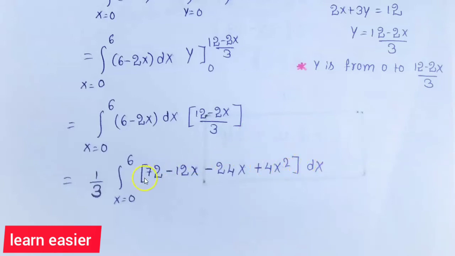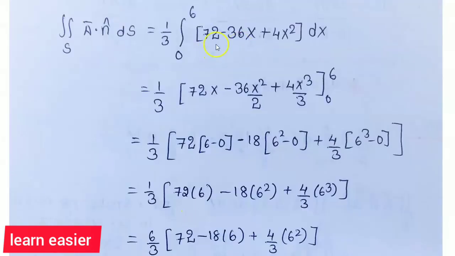So we got the integral from x equal to 0 to 6 of 72 minus 12x minus 24x plus 4x square dx. Now you can see minus 12x minus 24x is minus 36x.